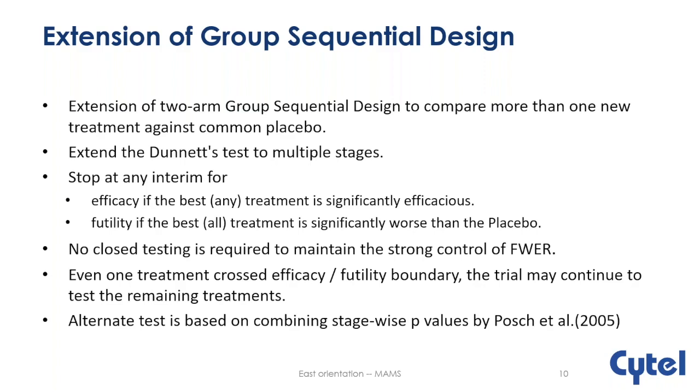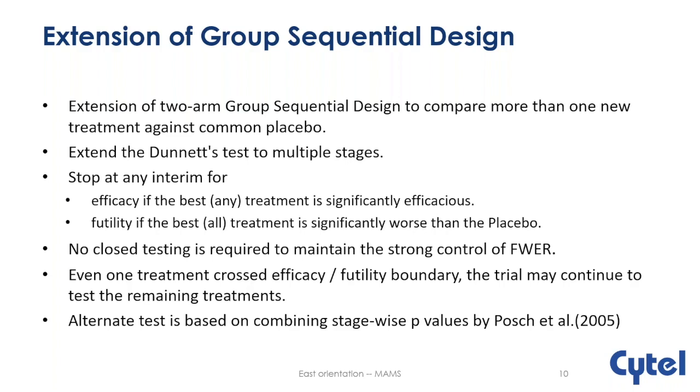So we can stop the study early for efficacy if any of the treatments crosses the efficacy boundary, and we can stop the study for futility if all of the treatments cross the futility boundary, so if all of the treatments are significantly worse than placebo. If only some of the treatments cross the futility boundary, then these treatments can be dropped from the remainder of the study, and the trial may continue to test the remaining treatments.